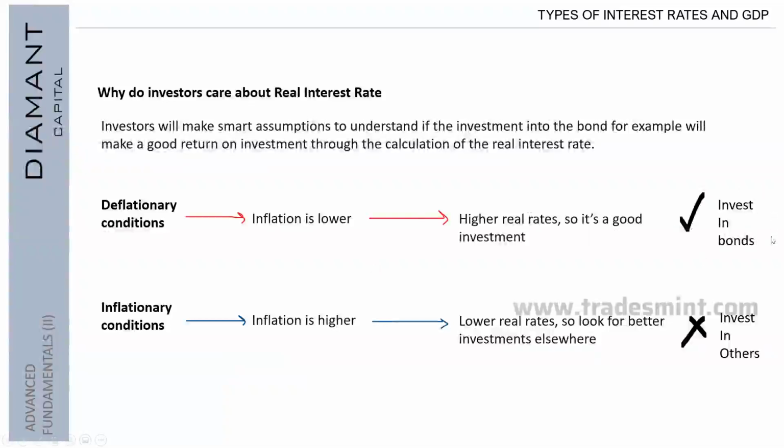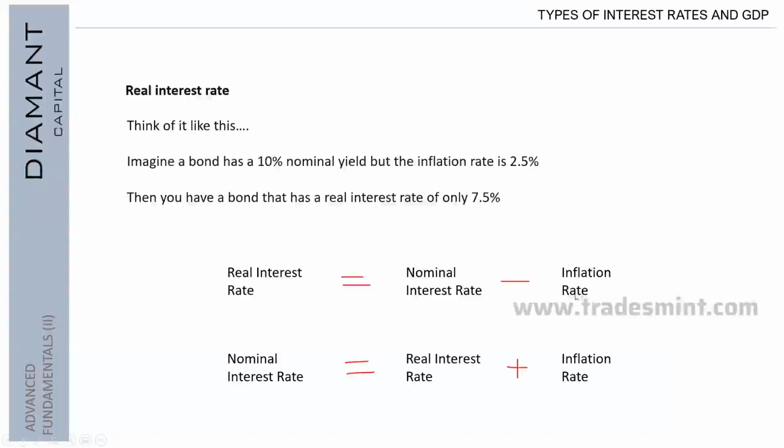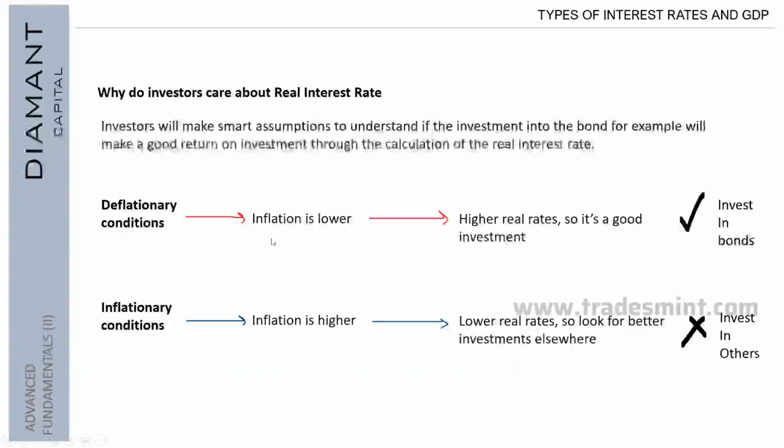Therefore, it's good to invest into that bond. However, if you're in an inflationary condition, that means inflation is obviously higher. Therefore, you get a lower real rate, so look for a better investment elsewhere. Looking back at that as well, if the inflation rate is higher, that means the real interest rate reduces in price.